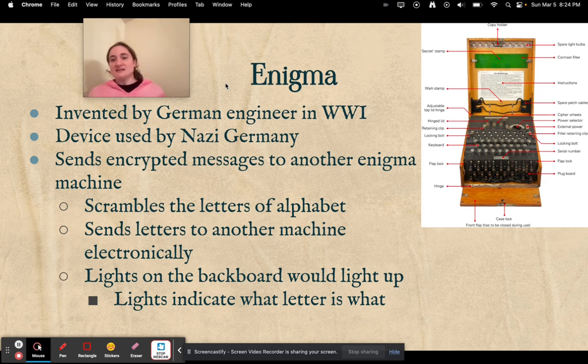What it does is someone would type out a message, and as it's being sent to another machine, those letters would get all scrambled up, and then it gets to the other machine, and it will decode it. So yeah, it sends letters to another machine electronically. Lights on the backboard would light up, indicating what letter is what, so the operator could transcribe the message that's being sent. And here's a picture of a real one right here.